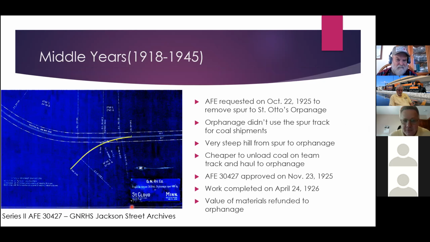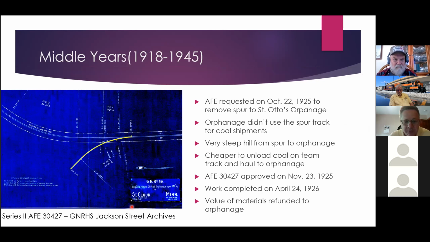Of course, a few years later, here's another AFE, this time requesting the railroad remove the spur to St. Otto's Orphanage. It ends up the orphanage didn't use the spur for coal shipments. What they found out, and they should have realized up front, was there's a very steep hill from that spur up to the orphanage, and it was very expensive to unload coal and haul it up.